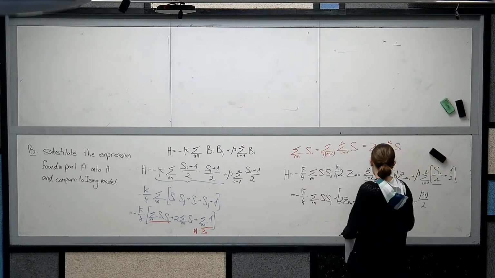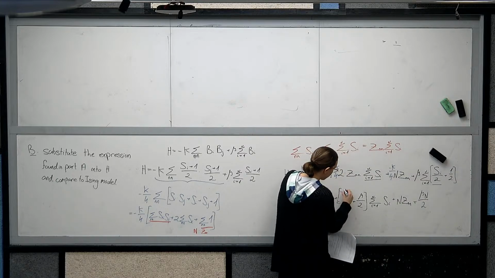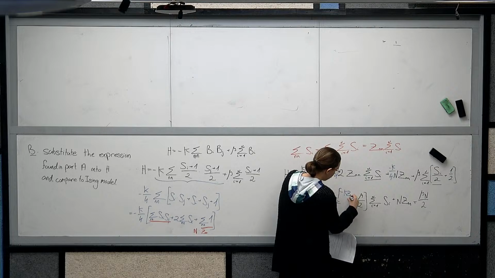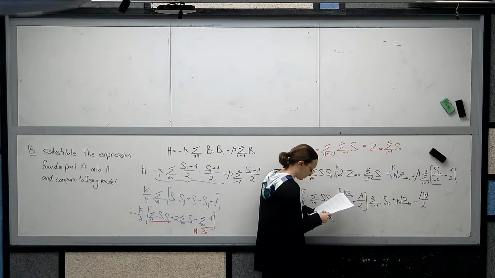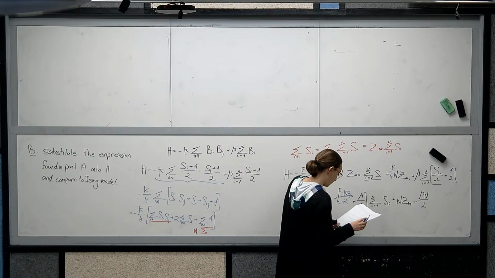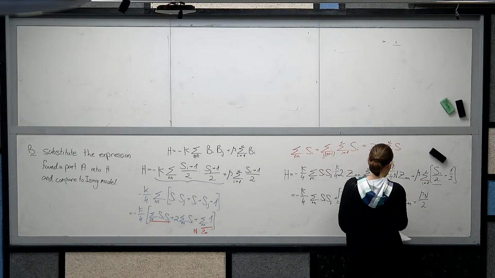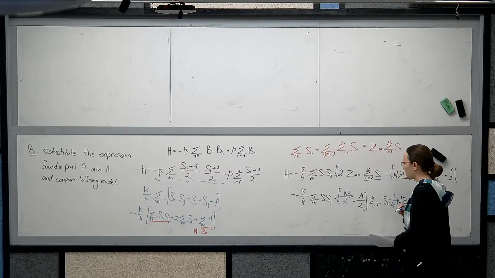Okay, so we have here minus kzn divided by 2, and here minus k divided by 4.